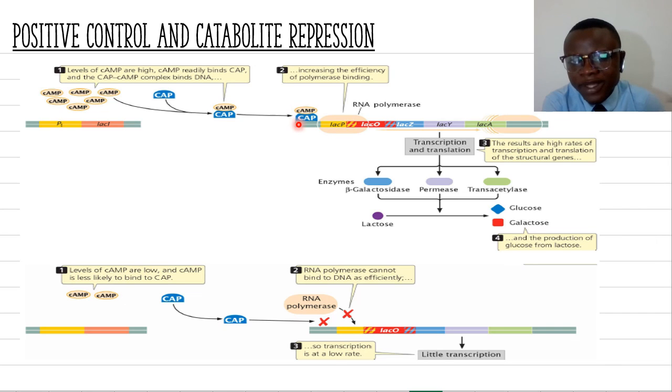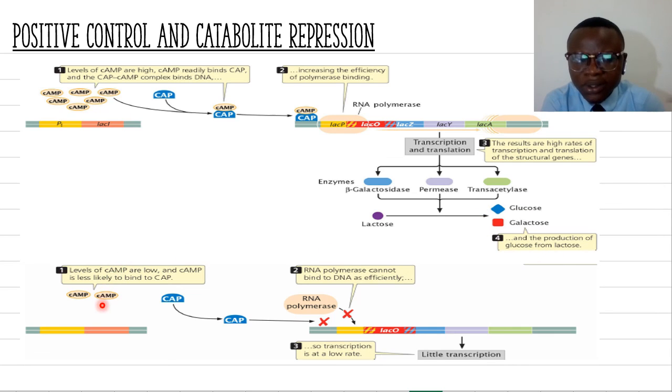So the CAP complex binds to the upstream side of the promoter and facilitates the binding of RNA polymerase. Once this is present, RNA polymerase binds efficiently to the promoter and carries out the process of transcription, and we are able to get our needed products here.